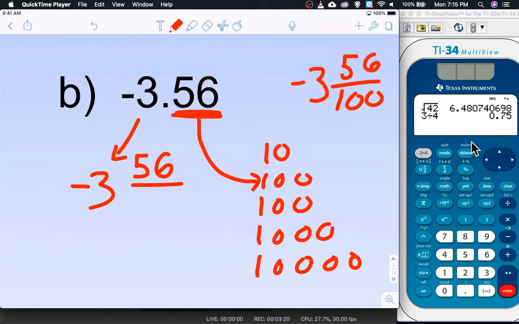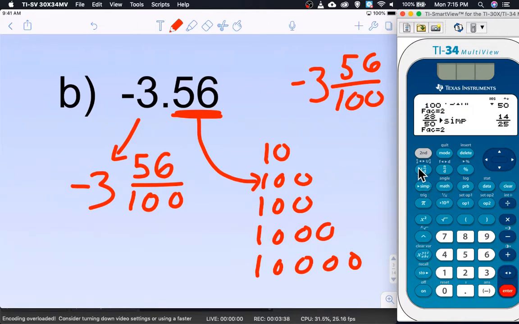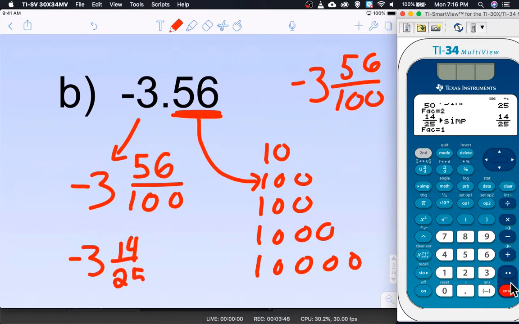That will pretty much always work. And then we could simplify that fraction. So 56 over 100. Simplify, enter. And that little arrow shows me I can simplify some more. Simplify, enter. And there's no little down arrow, but just to double check it, nope. So that would be -3 and 14 out of 25 in simplest form.